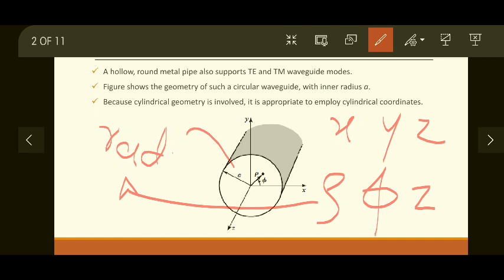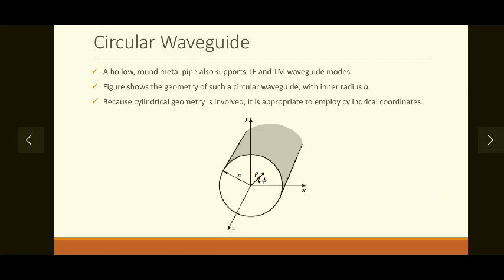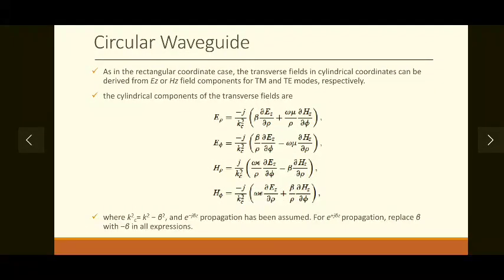Okay, so rho corresponds to x, phi corresponds to y, and z is as usual our direction of wave propagation. So let's use the cylindrical coordinates for this analysis.